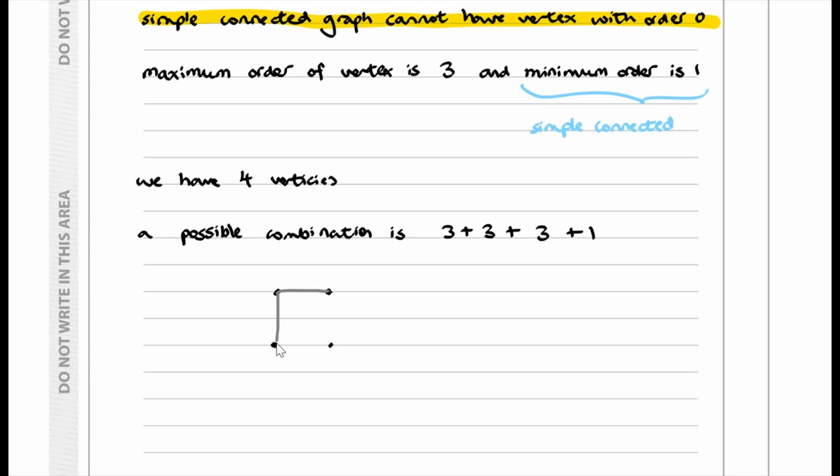Well, here this one has order 3, then we can connect this, and then this has order 3, but then this has order 2, and if you want another 3 over here, then this would have to change to a 3. So essentially, for a simple connected graph, this situation is impossible.